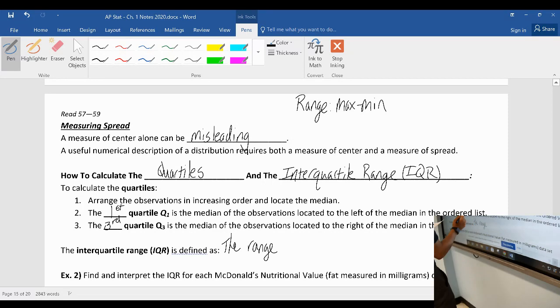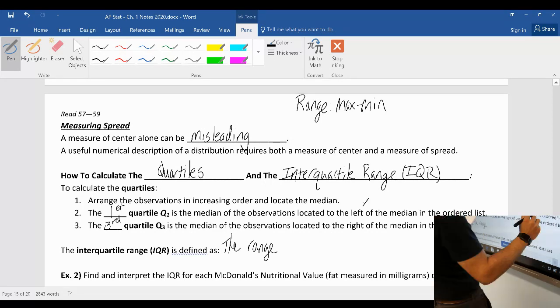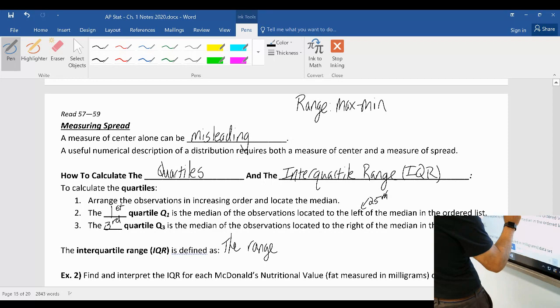Q1 is really your 25th percentile, okay, which we'll see more in chapter 2. And Q3 is your 75th percentile. So the IQR is the range of the middle half of the data.